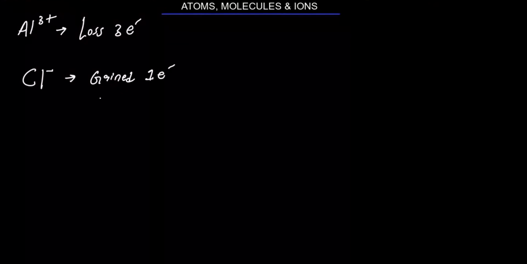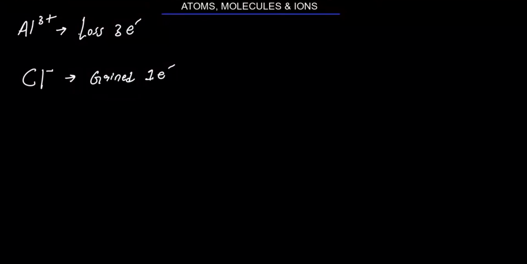Take note of this fact. Whenever we want to lose or gain something, we always attribute that to electrons only. We are not gaining protons, we are not gaining neutrons. It means that no matter the charge you have here, proton and neutron remain the same. Electron is the one that changes because it's the one that you can lose or gain.